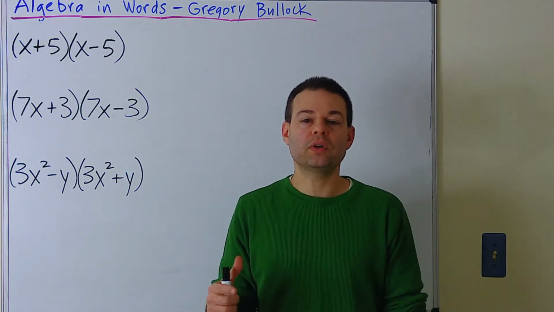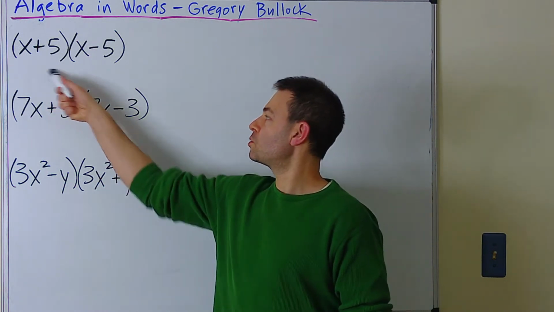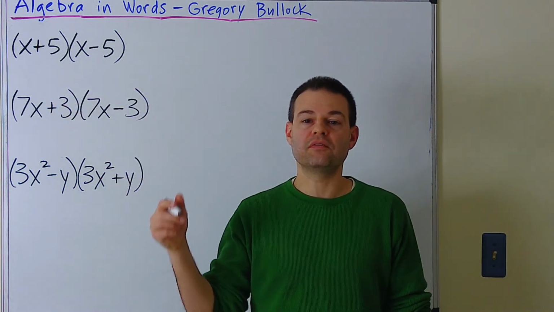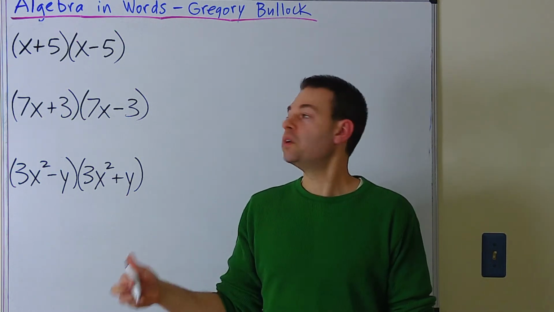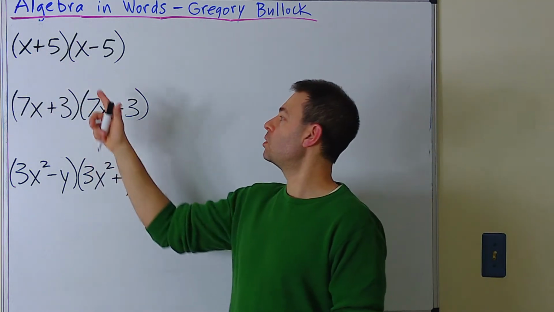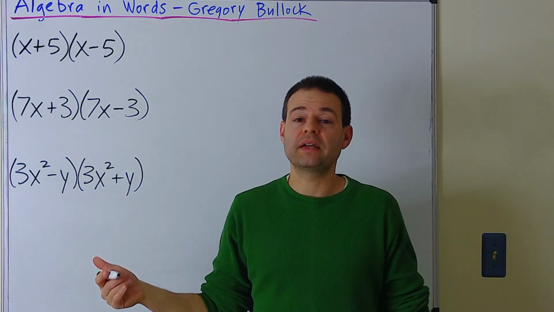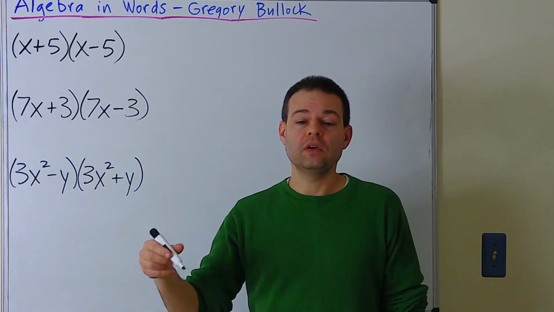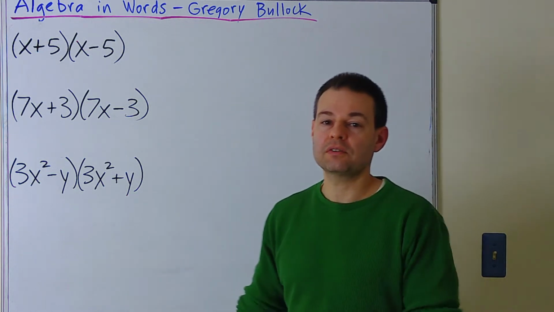I want to give a quick overview of what the shortcut is for doing a special case of products of two conjugate binomials. And it's very easy. You're going to multiply the first terms together, and you're going to multiply the last terms together, and that's it. Like I said, I'll show you in a few minutes why we don't need to FOIL it, but in the meantime, let's apply the method.